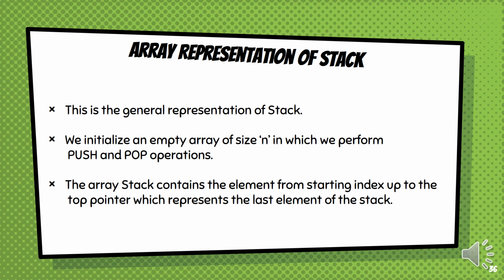In array representation, this is a general representation of stack. Here we initialize an empty array of size n, in which we perform push and pop operations. The array stack contains the elements from the starting index up to the top pointer, which represents the last element of the stack.